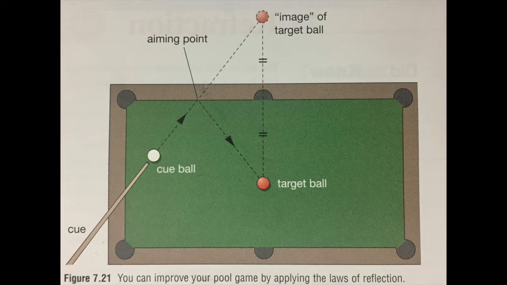This spot is the image of the target ball. The player now shoots the cue ball toward the image. Because the ball bounces off the cushion at the same angle at which it strikes the cushion, the cue ball bounces off the cushion and strikes the target ball.